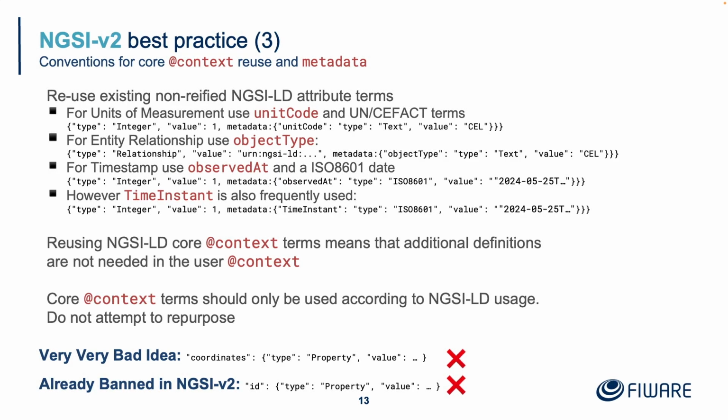So coordinates is an ordered list, an array of numbers. That's the way it has to be defined. Therefore, don't do that. Use the existing data models to try and get your system working properly.